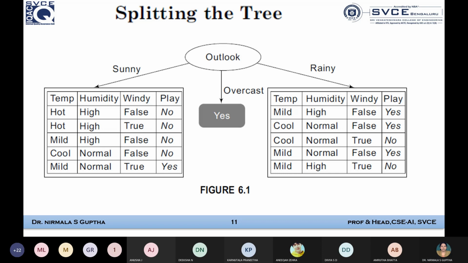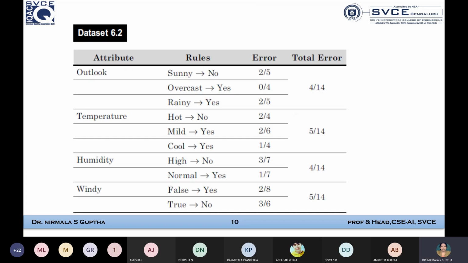Here, how many instances of sunny? See the denominator under the error column. 5, no? How many instances of rainy were there? 5, no? Correct.